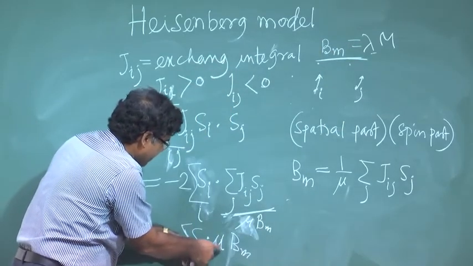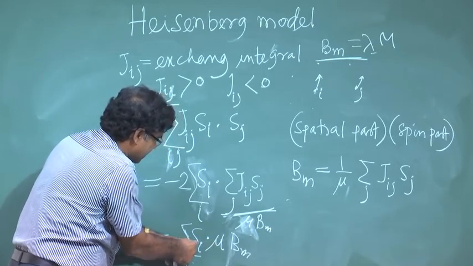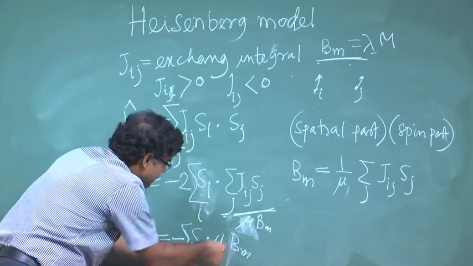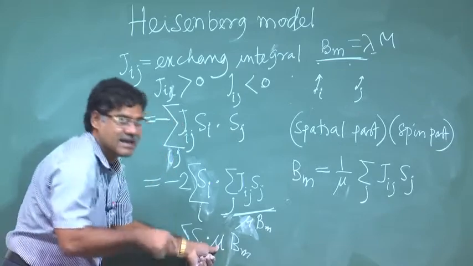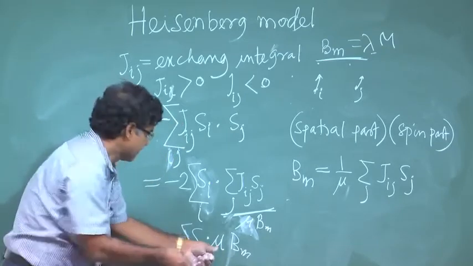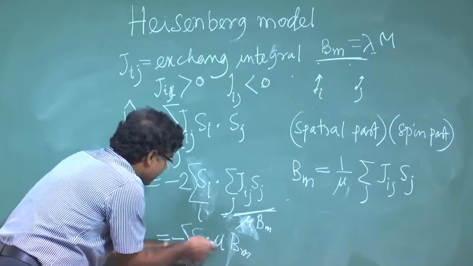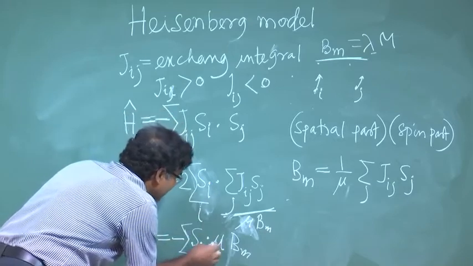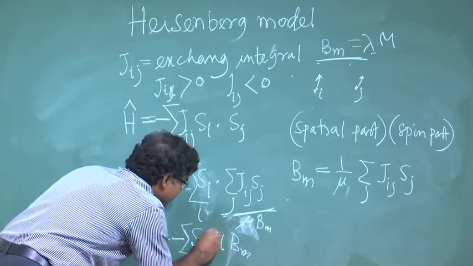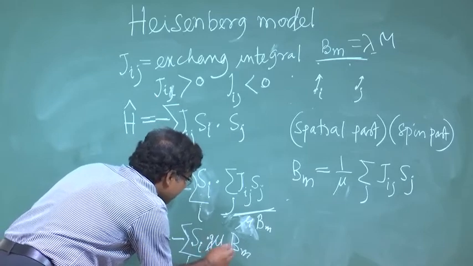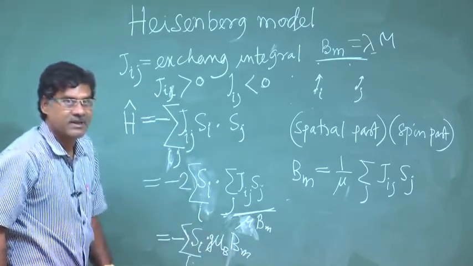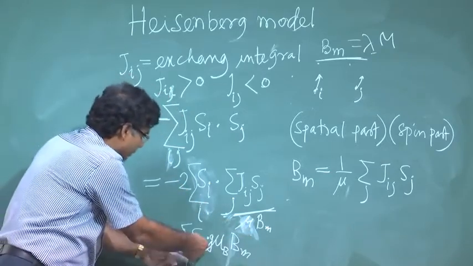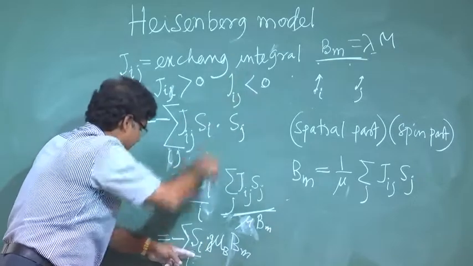Since S is already there, generally it is Gj j mu V, but since it is only spin, it is G S mu V. Sometimes people write here G mu V. So G S mu V is the moment, into this Bm, for all SI, with this summation.